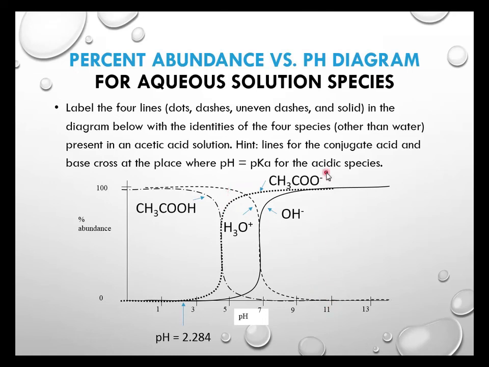If we go up to pH 11, now we have the H3O plus as a minor species, the CH3COOH as a minor species. Those are both minor there. And major species are the OH minus and the acetate anion.